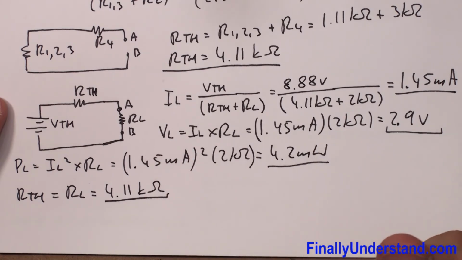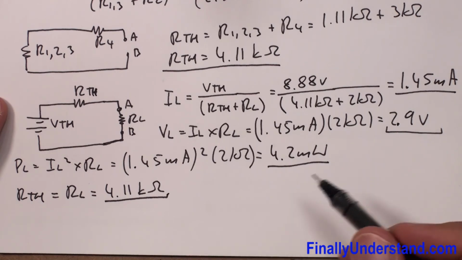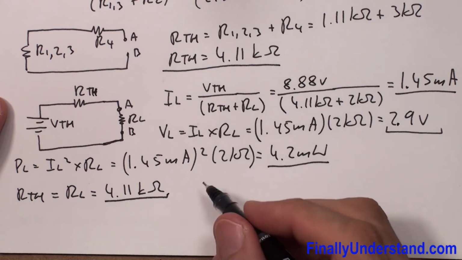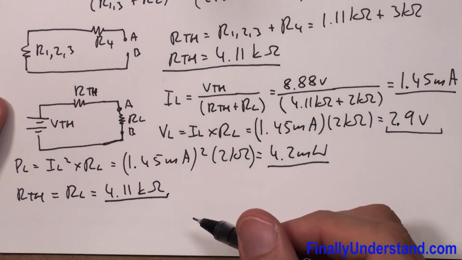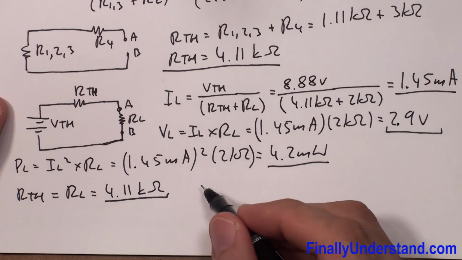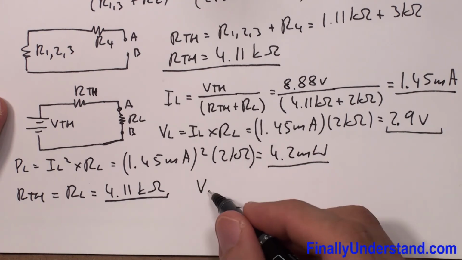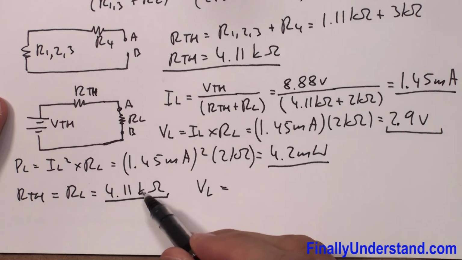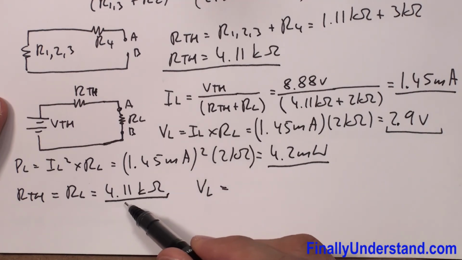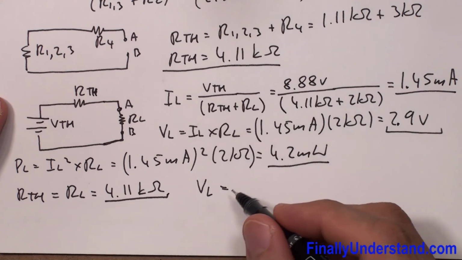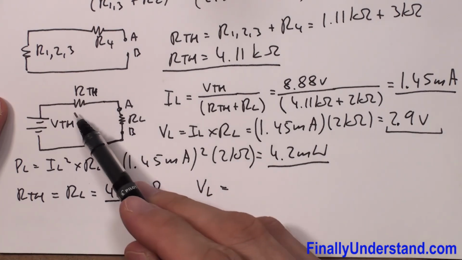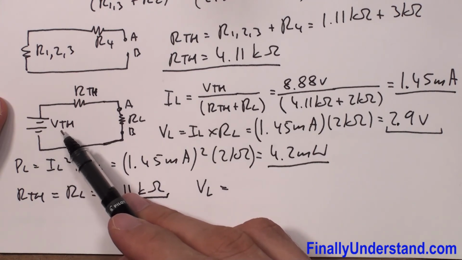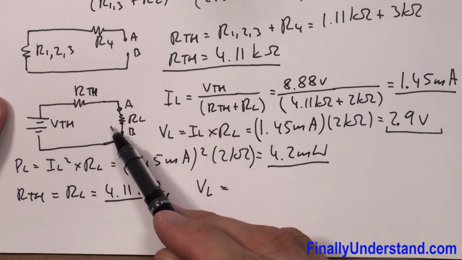Now let's check if this power is going to be greater than this one. We're supposed to find the voltage VL across the new RL. Because these two resistors are the same, the voltage VTH is going to be divided in half.